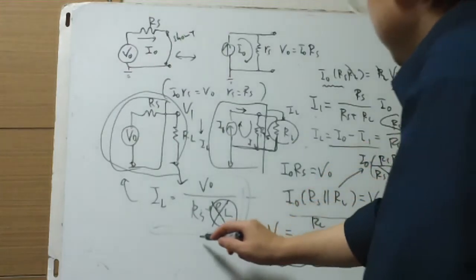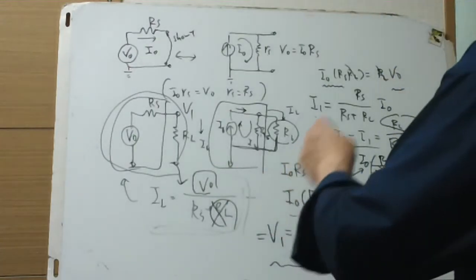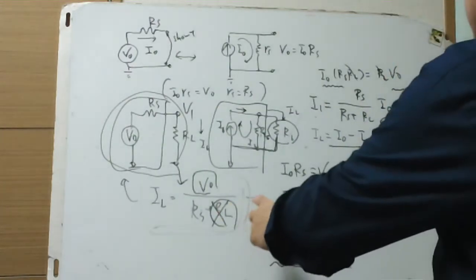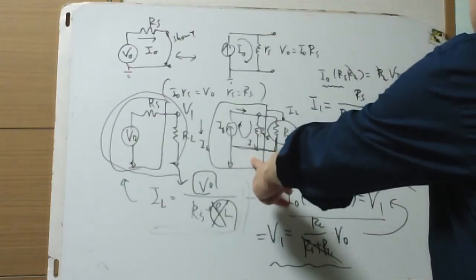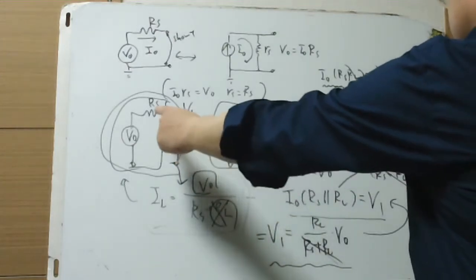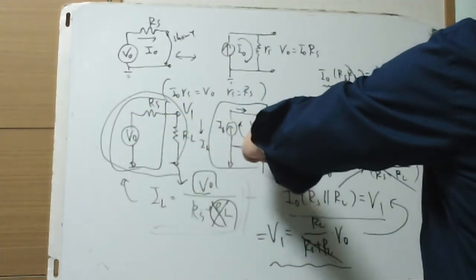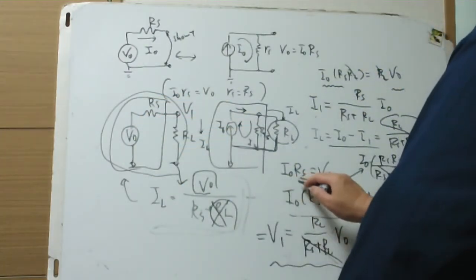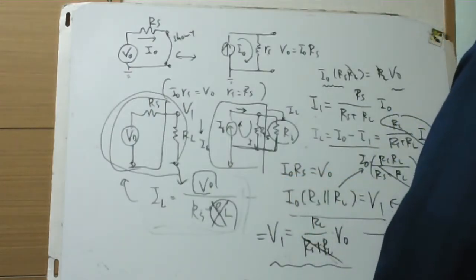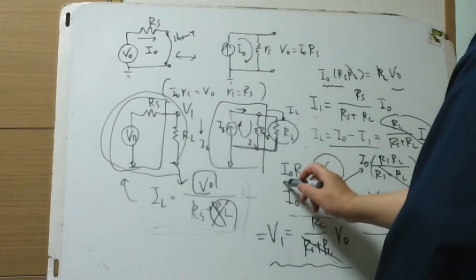IL equals VO. Oh, this is different. Why? This equivalent circuit is 1. This RL equals VO divided by RS. IORS equals VO. IORS equals VO. VO equals IORS.